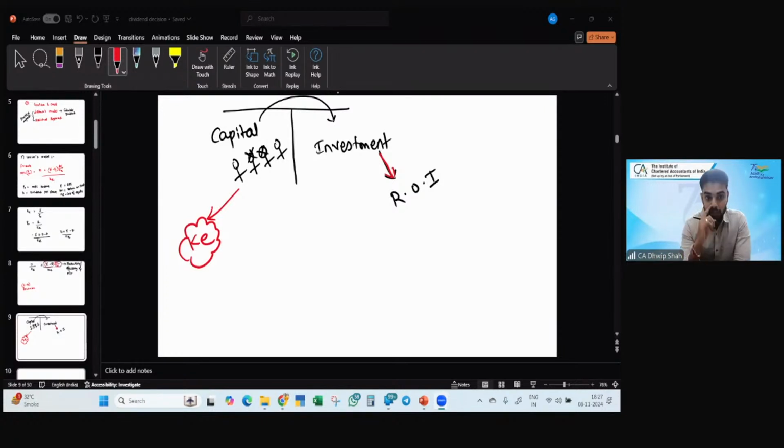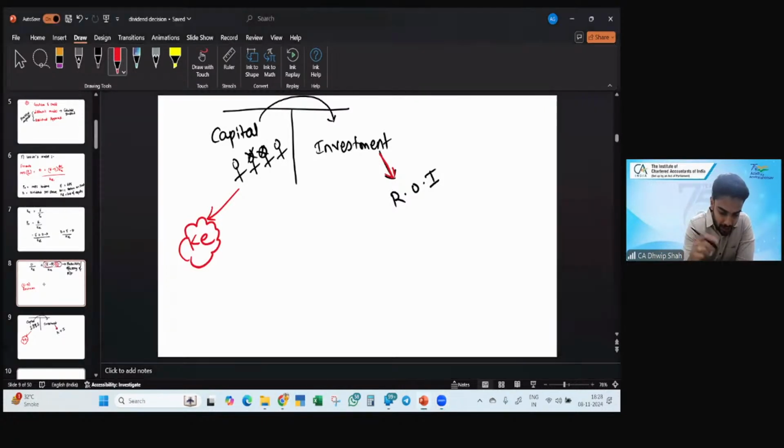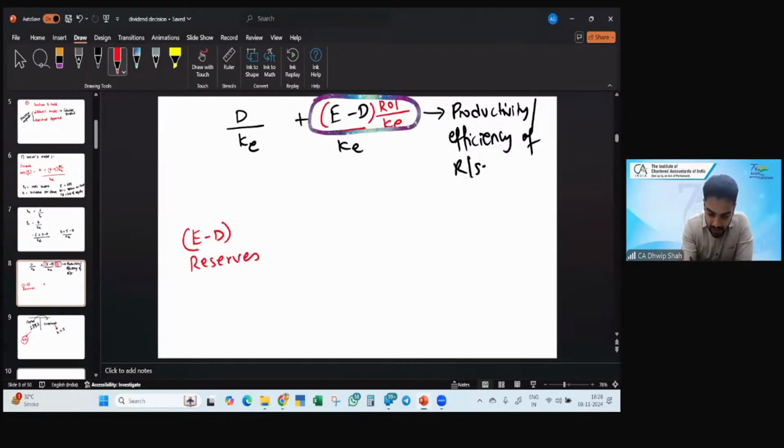Now think, had these reserves been distributed to the shareholders, if the company had not kept these reserves with itself, can I say they would have earned KE on that reserves? Yes or no?